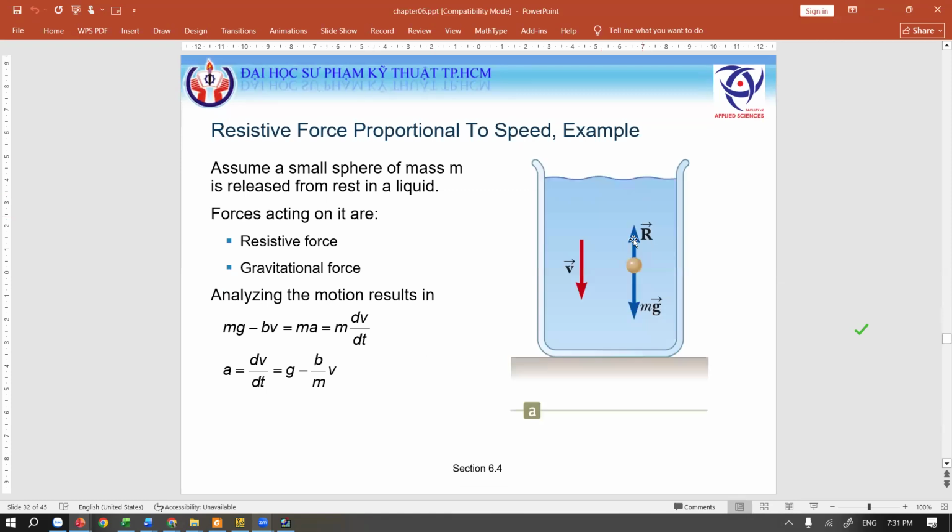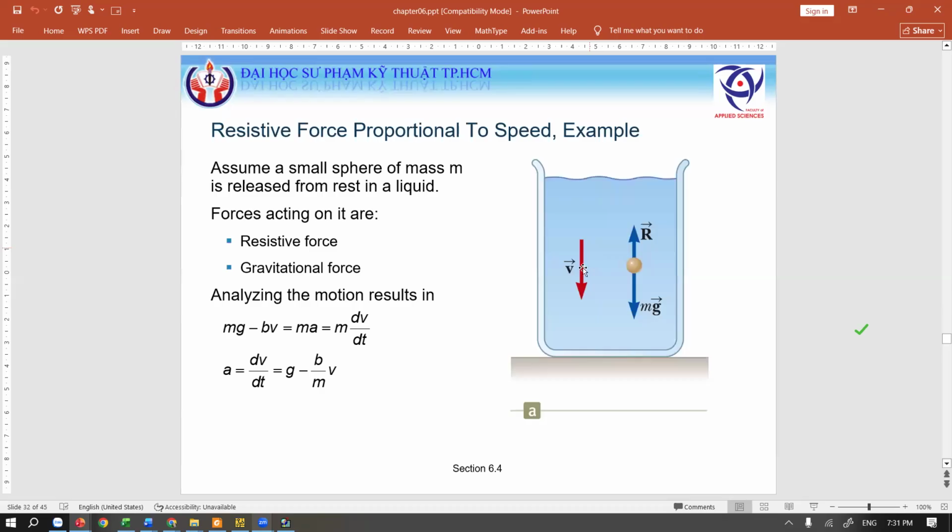The first example is a falling object in water or in the air. At the beginning, the resistive force is small because v is small. But under the effect of the gravitational force mg, the velocity of the object will get bigger.